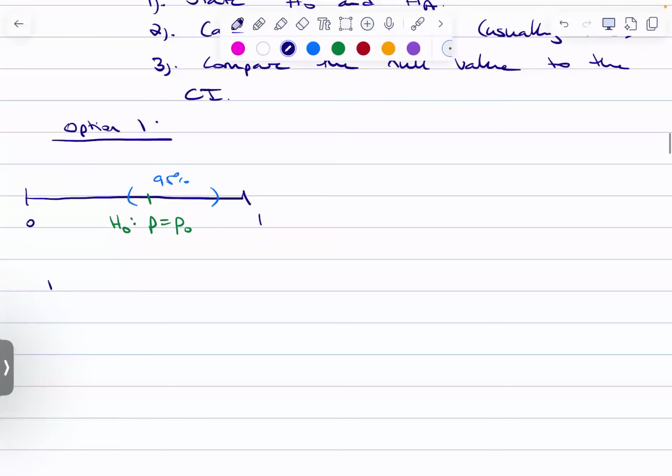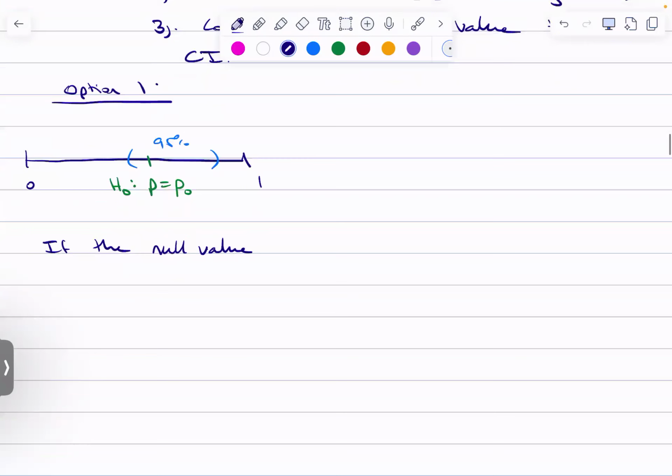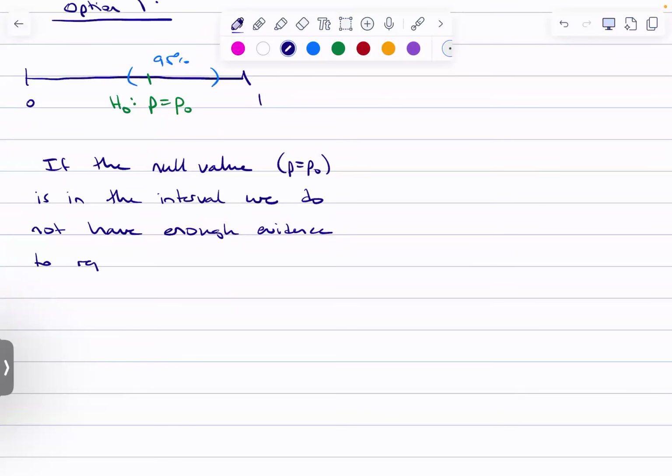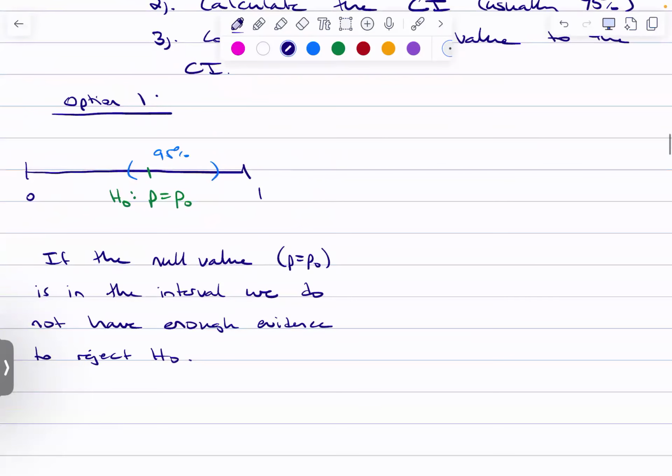So if the null value, which is P is equal to P naught, is in the interval, we do not have enough evidence to reject H naught. Notice the funny wording there.